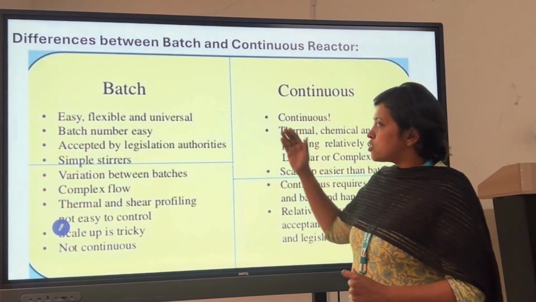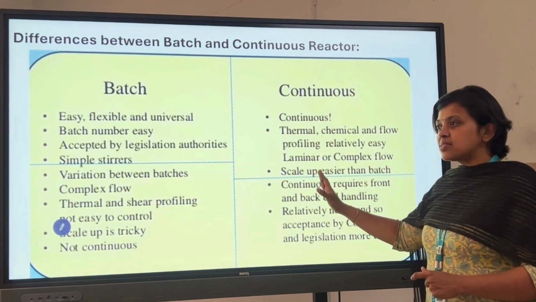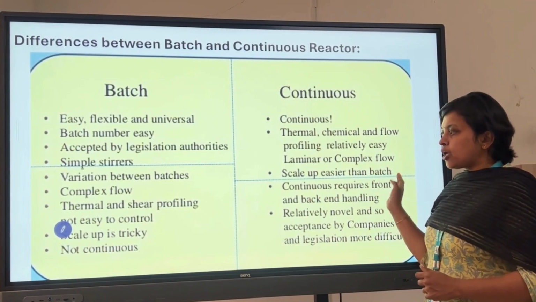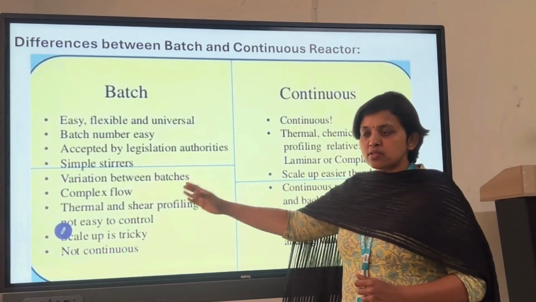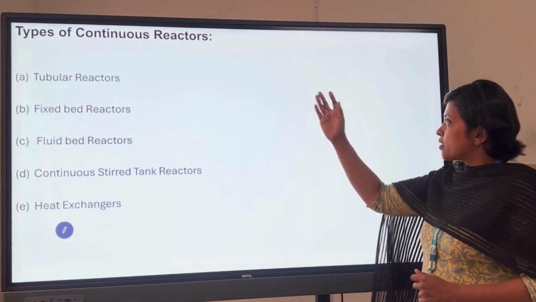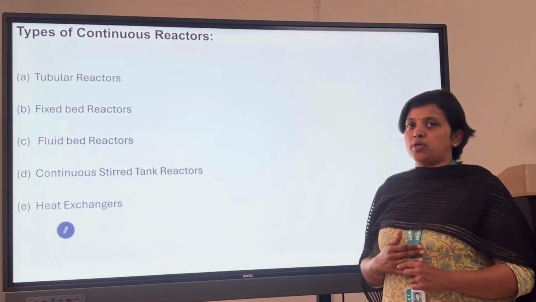This is a complex flow, and this is a simple flow. Once the reactant is applied, there is no need of stopping anywhere, so it will keep on continuing. So this is not easy to control, while that is easy to control. And the next one is, in the continuous reactors itself we have so many subtypes.